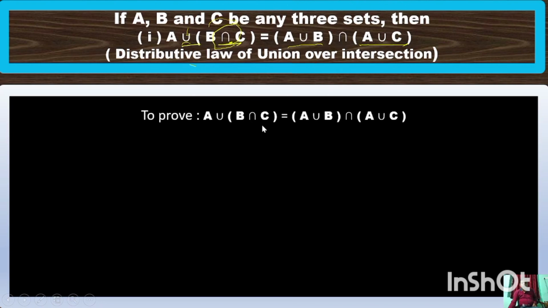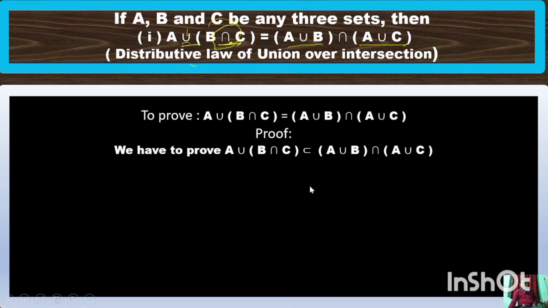To prove it, A union (B intersection C) is equal to (A union B) intersection (A union C), and we can prove it using the property method. First we show that A union (B intersection C) is a subset of (A union B) intersection (A union C). Let X be an element of A union (B intersection C).